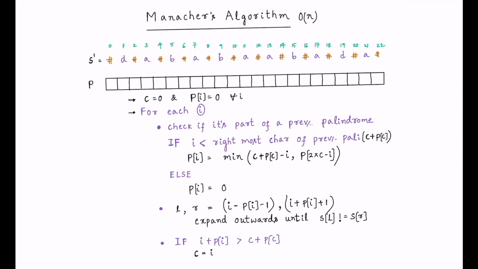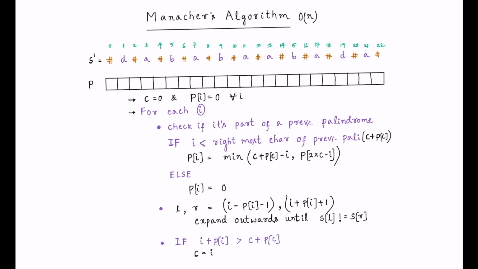First, we check if this character is part of the previous palindrome that extends to the right the most. That is, we check if I is less than the rightmost character of previous palindrome, which can be found using c plus p of c, where p is this array over here.